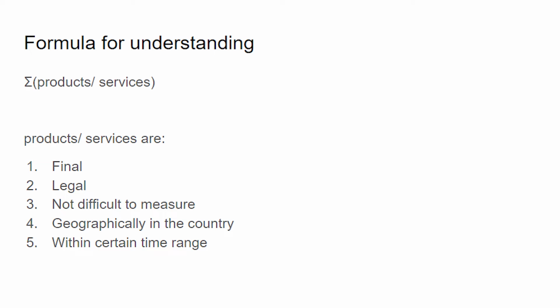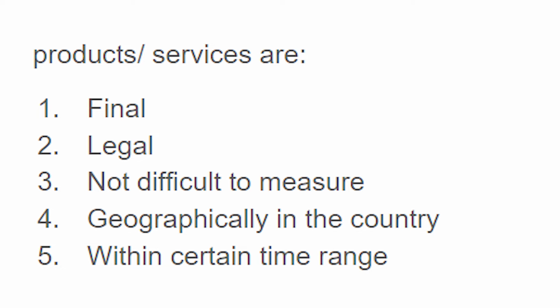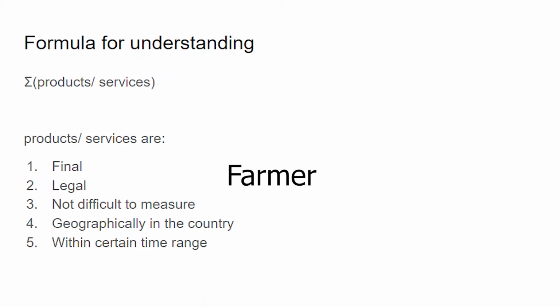And these products and services should satisfy the following criteria. Okay, first, it should be final. What does final mean? For example, I have a farmer. The farmer harvested his wheat, and the wheat was sent to a factory, and the factory made the wheat into bread, and the factory sold the bread. So the wheat is first sold to the factory.